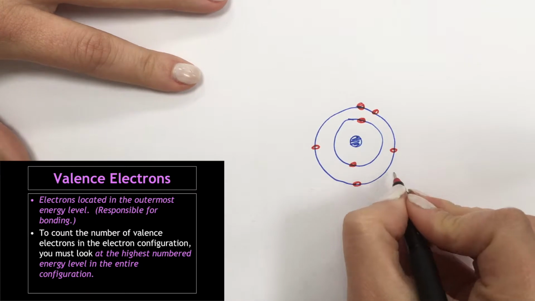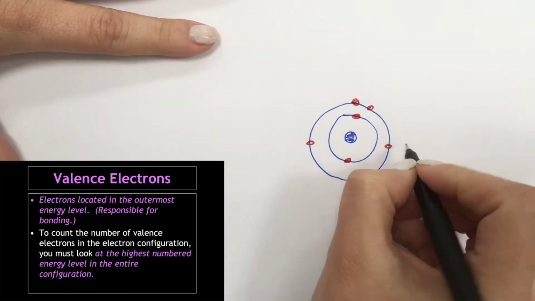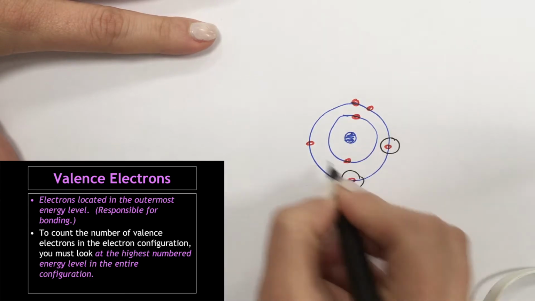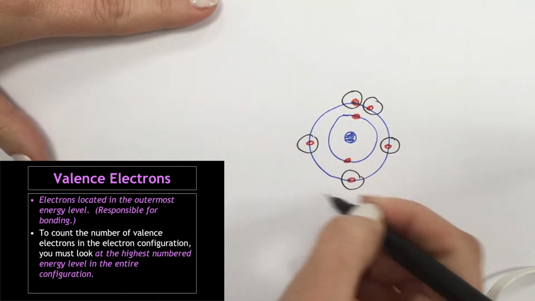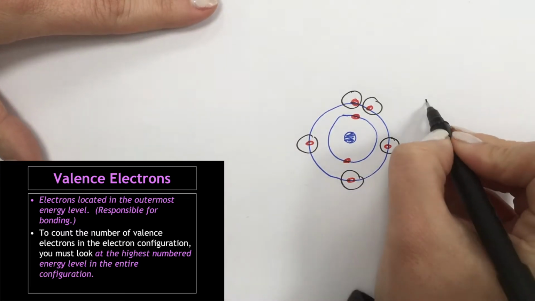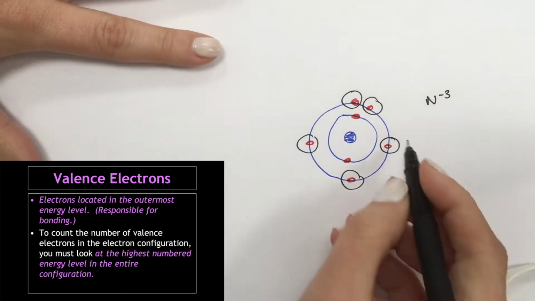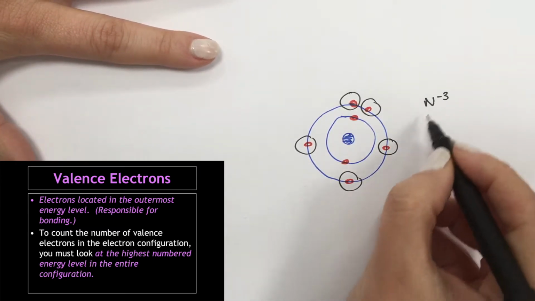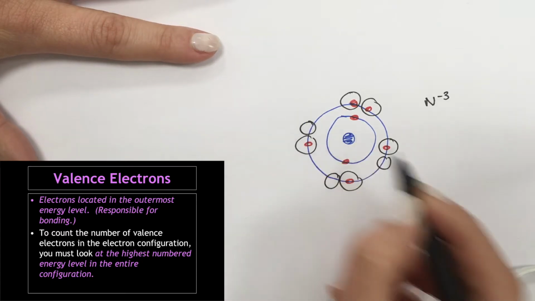Valence electrons are just these, the electrons on the outer shell. That's all a valence electron is. These guys are involved in bonding. Nitrogen, you'll see, always has a -3 charge, or usually in 10th grade it always does. That's because it has space to accept 3 electrons, okay?